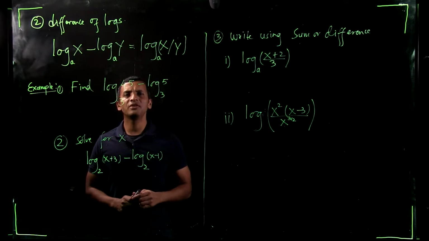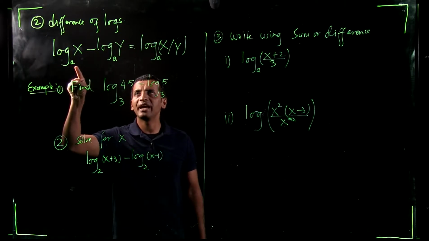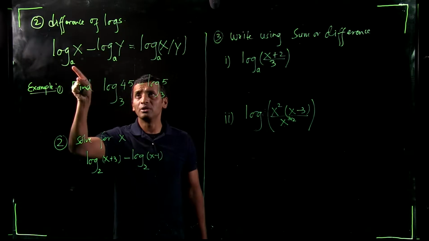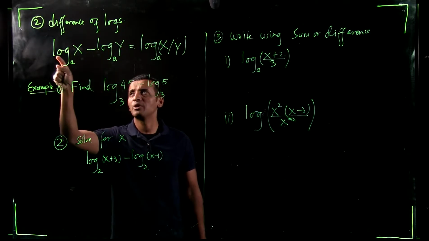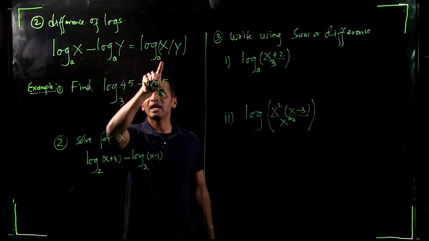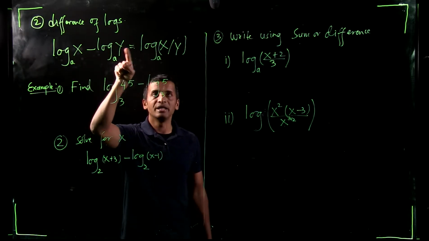Next we talk about the difference of two logs, okay? If there is log x with base a minus log y with base a, be careful, they must have the same base and they should not have any number in front of them, right? In that case, you can write a single log base a, and then you divide x by y.